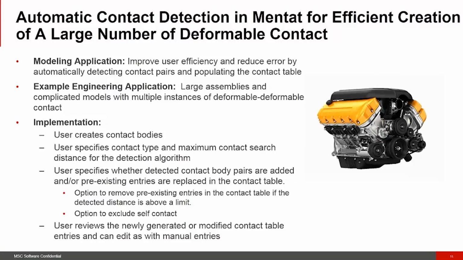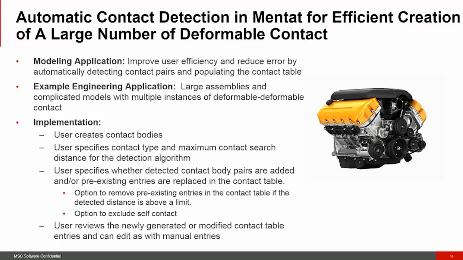And again, as I said, you decide whether you want to replace the existing ones or keep them. This is also beneficial and can be used as a quick modeling check in cases where you have made some contact definitions and you want to compare them, and you can verify them with the automatic method and see whether they work properly or not.